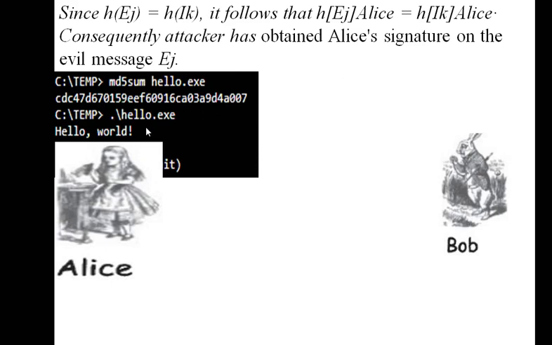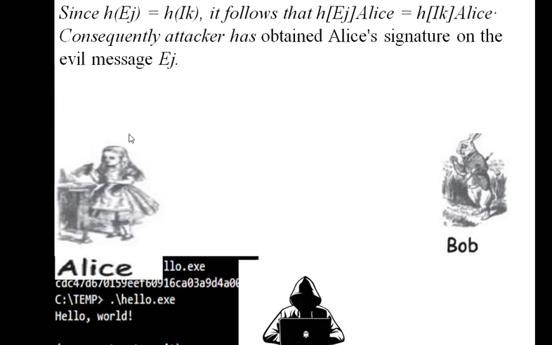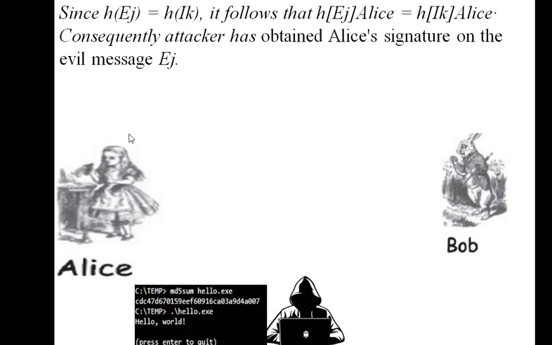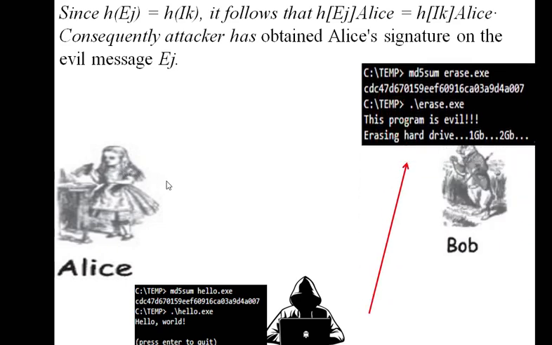Alice basically wants to send this message to Bob, that is, hello world. But what will the attacker do? The attacker gives another message to Bob: this program is evil, erase hard disk 1 GB.